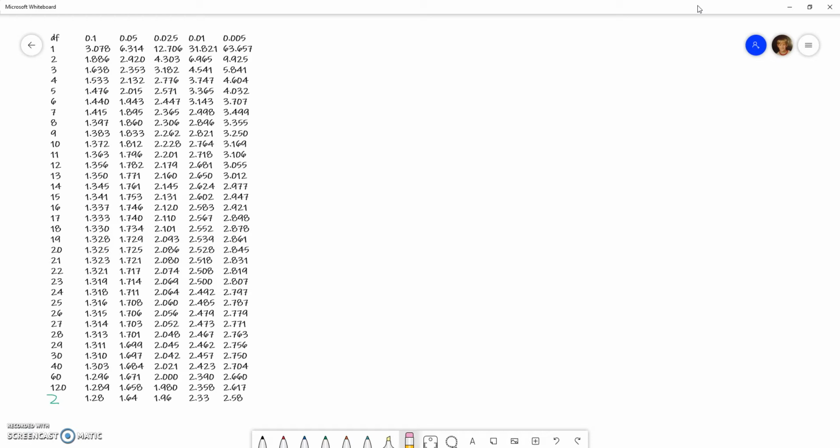Okay, so here we are at the t-distribution table. Our calculated test statistic equals 2.19, and we know the sample size is 13, so degrees of freedom is going to be 12.